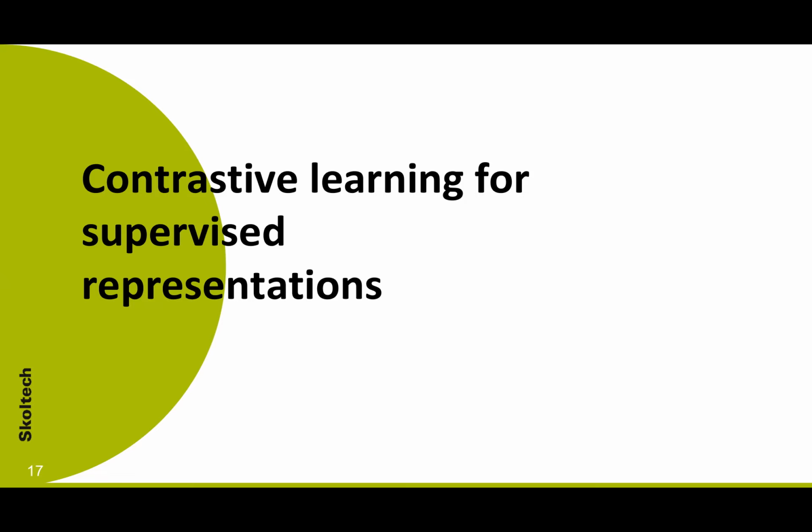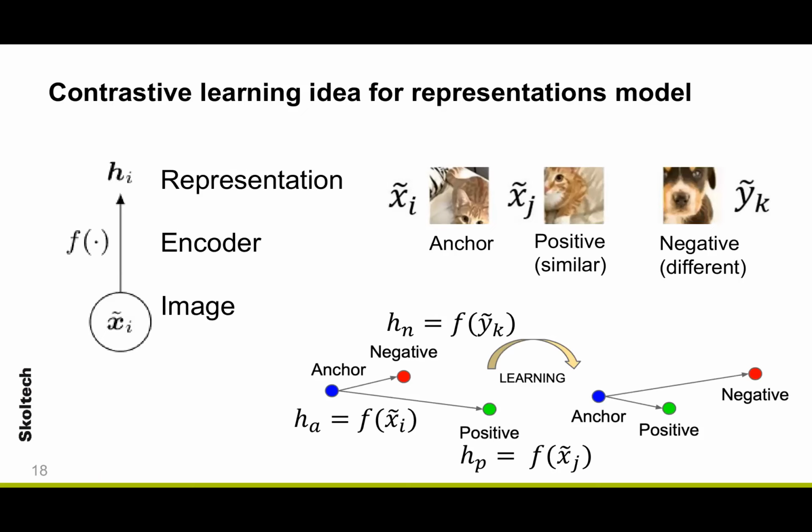Okay, as I said before, today we'll focus on contrastive learning. What's the general idea of contrastive learning? We have this encoder F, and from each image we can create a representation. We do it, for example, for three objects: anchor, positive object, and negative object.